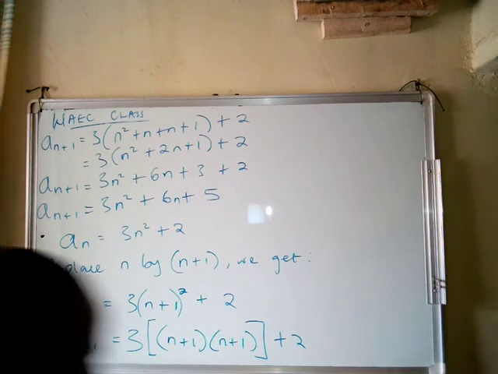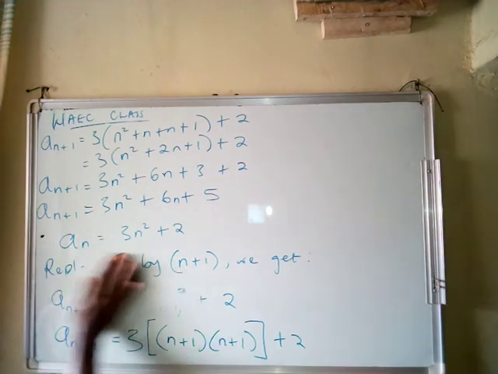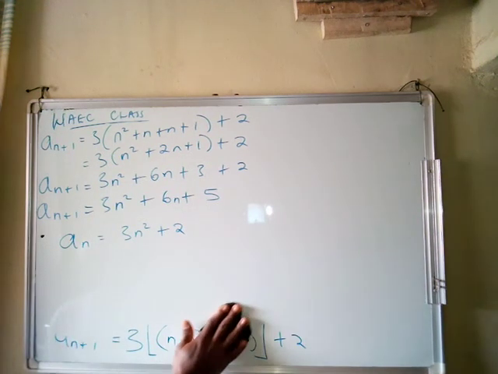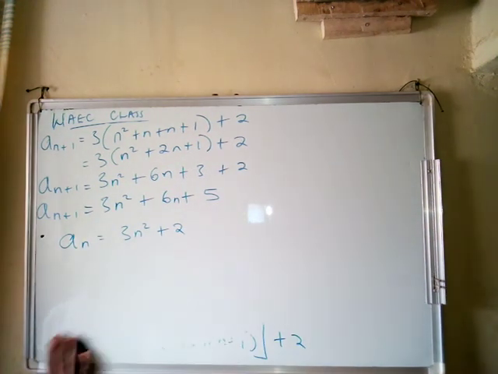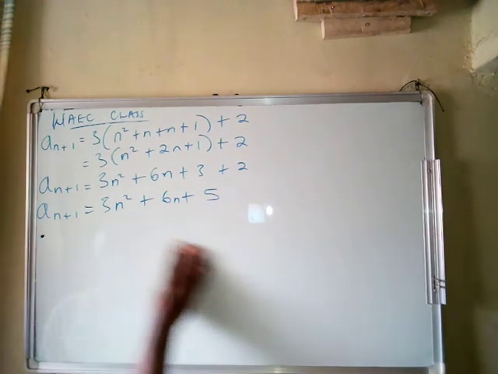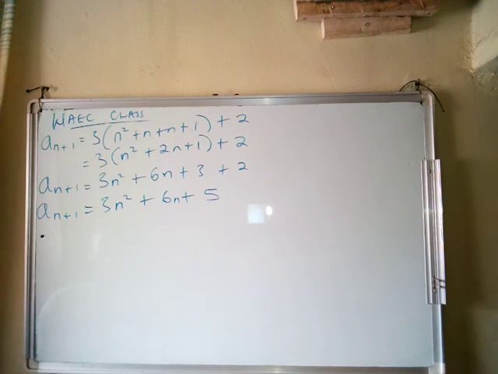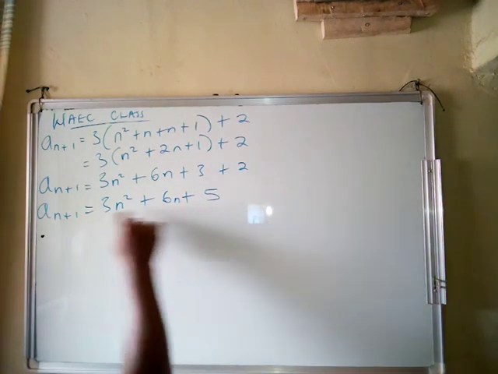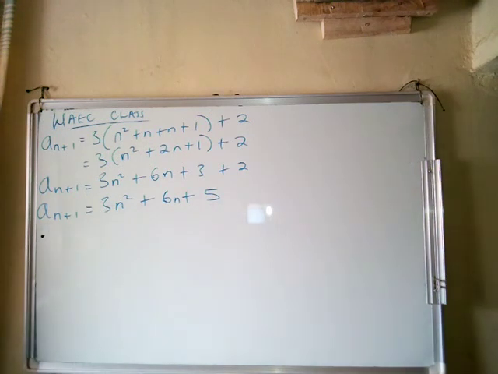Alright, so having gotten to that point, what do we do? Are we done? So you see what a_(n+1) has given us. It has given us 3n squared plus 6n plus 5. So now at this point, what do you need to do?